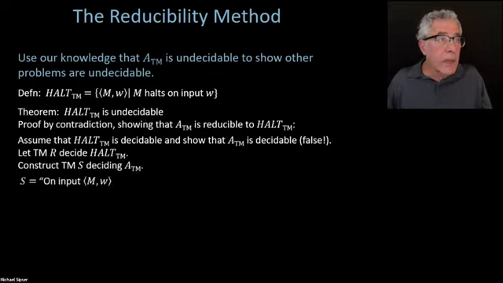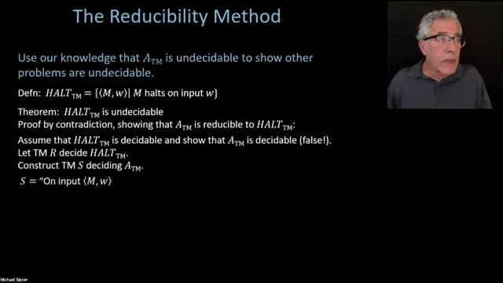So you have to be open-minded to the possibility that the halting problem is decidable, and we're going to show that it can't be. So we're going to show that if we could decide the halting problem, then we can use that to decide the acceptance problem.